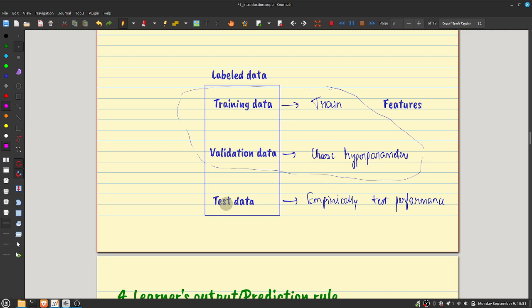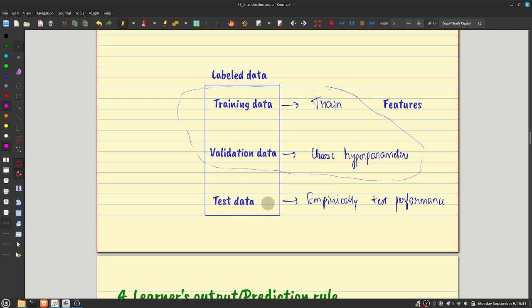Right? The whole point of having this test data, which is separate and typically picked according to the same distribution as the training data, is so that this test data approximates the generalization error. Right? Because the H that you have chosen from the training process is independent of this particular test data.